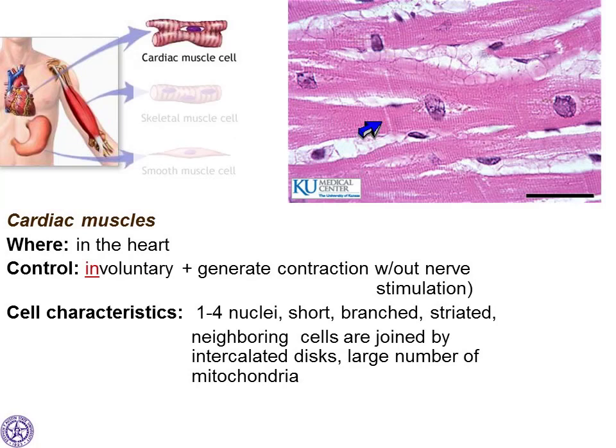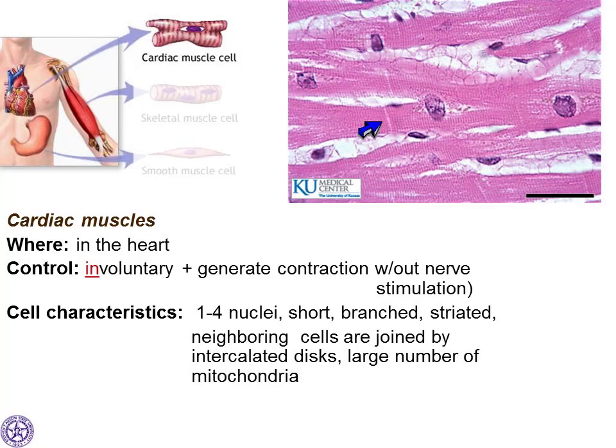And as you look at cardiac muscle in a histological section, and you compare it to skeletal muscle, they look very similar. Did you see that in lab? Because they're both striated. They both have sarcomeres. They both have A bands and I bands.